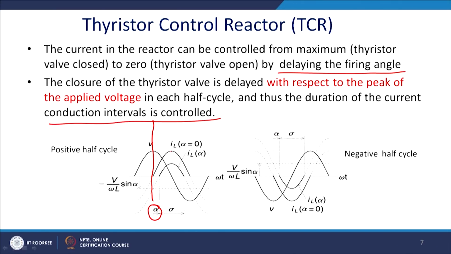This is the waveform for the positive cycle and this is the waveform for the negative cycle. So, this is the positive and negative peak. Here the current will start, but you give a delay angle alpha. Ultimately this will be the amount of conduction.